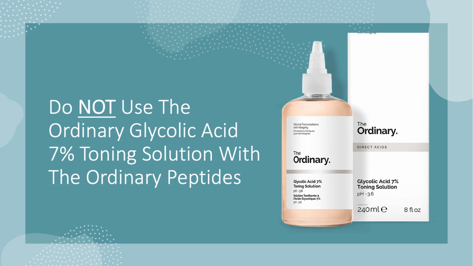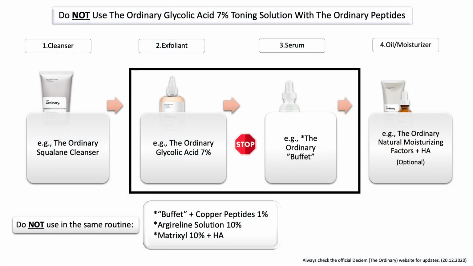The first category that's important to not use in the same routine is The Ordinary peptides, which includes all of their peptides. Please do not use them in the same routine when also using your Ordinary Glycolic Acid toning solution, because they may neutralize and then you wonder why you see no effect.